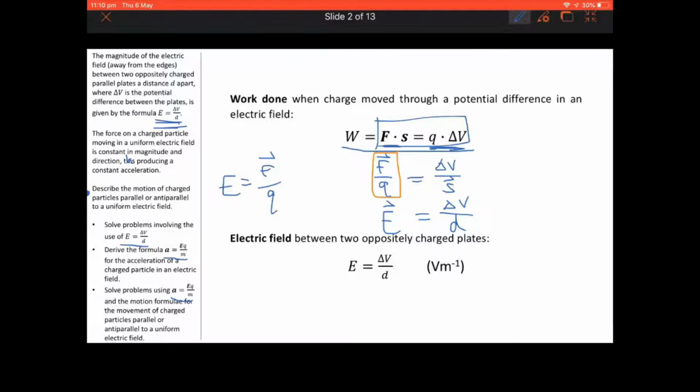So, as we've just derived, the electric field between two oppositely charged plates is given by this formula, and the units are volts per meter because potential difference is measured in volts and distance is measured in meters.